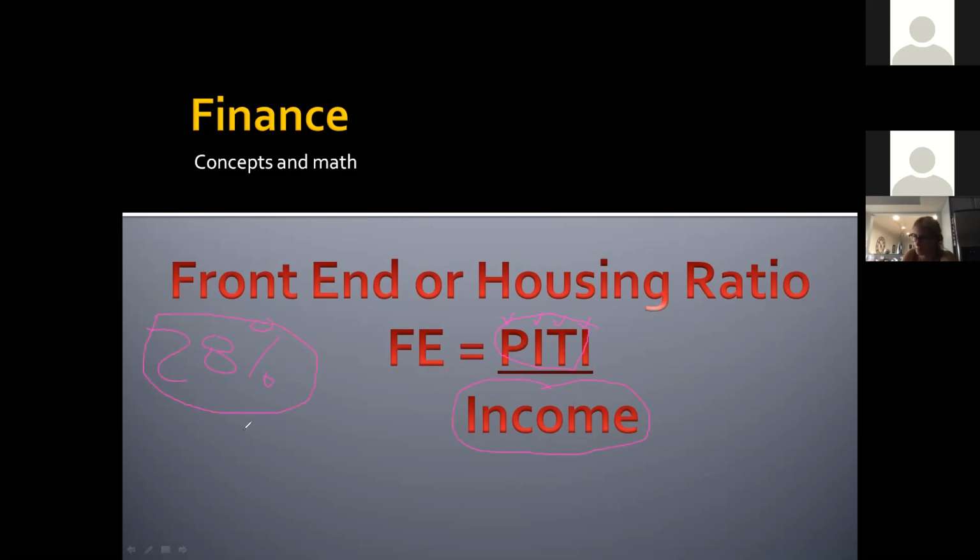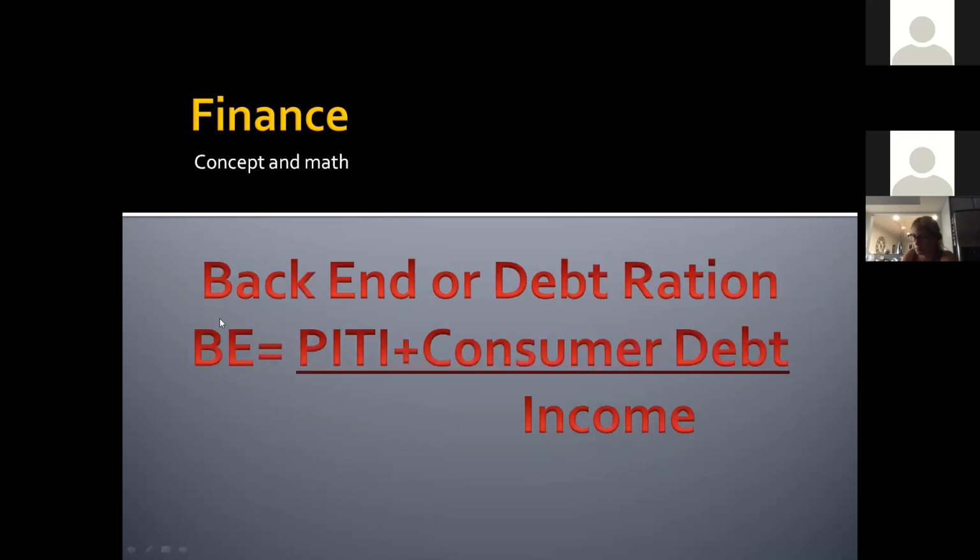But what they're going to do is give you a second question where they also give you the data set to do the back end ratio. The back end ratio is called the back end or the debt ratio. And the back end ratio is the same PITI plus your consumer debt divided by income.